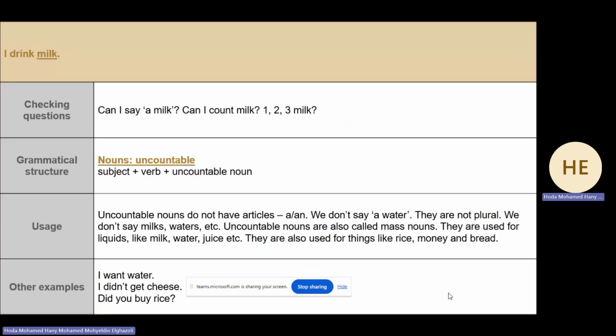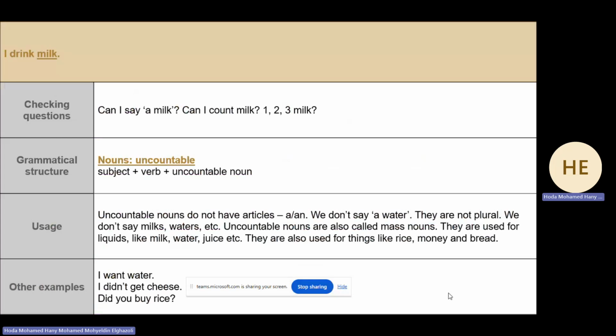Uncountable nouns are the nouns that we can't count. We can't count using numbers 1, 2, 3, or we can't have articles like a or an. For example, water is an uncountable noun.